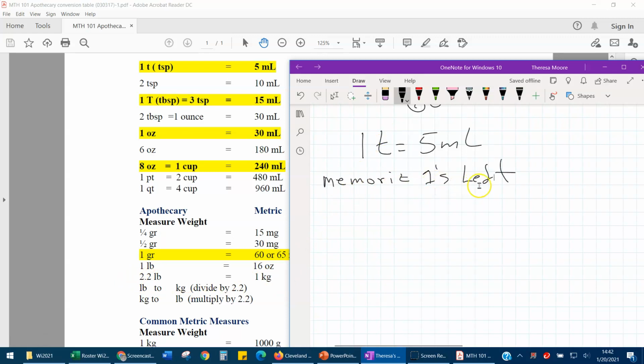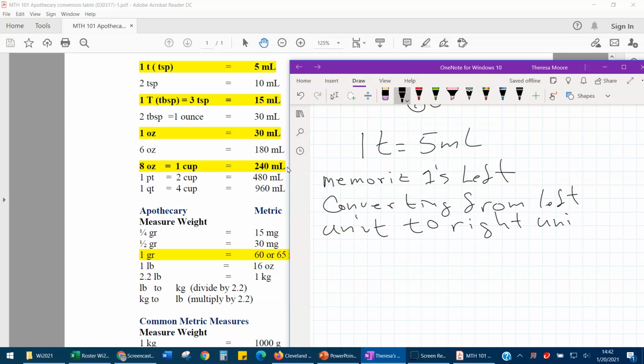If you memorize your ones on the left, if you are converting from the left unit to the right unit, you're going to multiply by this number in front of the right unit.